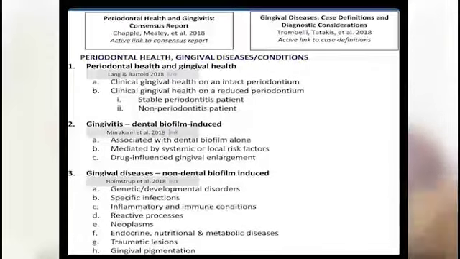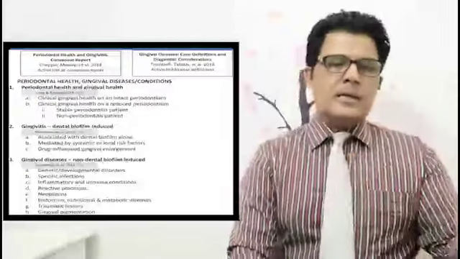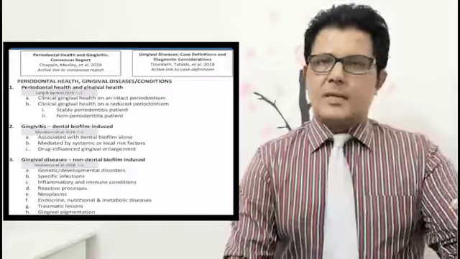F, endocrine, nutritional and metabolic diseases. Then traumatic lesions, any trauma that is causing this disease, and gingival pigmentation. So these are the three categories explained.